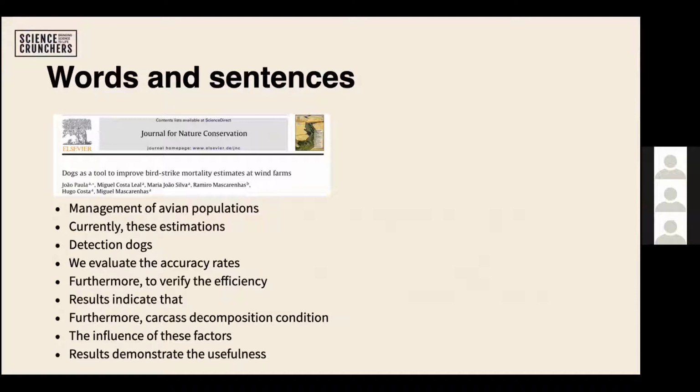We can read: management of avian populations. Currently, these estimations, detection dogs. We evaluate the accuracy rates. Furthermore, to verify the efficiency, results indicate that. Furthermore, carcass decomposition condition, the influence of these factors, and results demonstrate the usefulness.